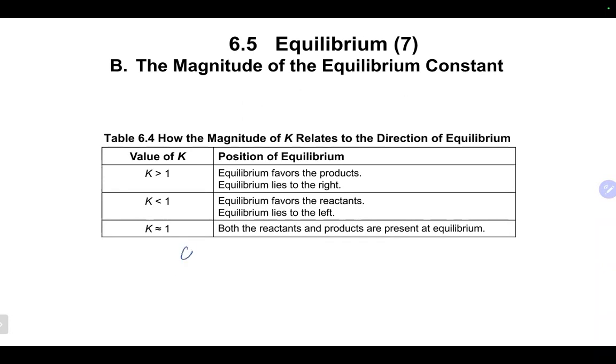Again, the only thing that affects the value of K is temperature. So if you change the temperature, you will have a different value of K. But if you did 30 reactions with different amounts and kept the temperature the same and calculated K every time, it should come out pretty much equal every single time.